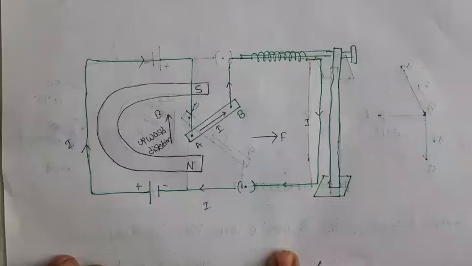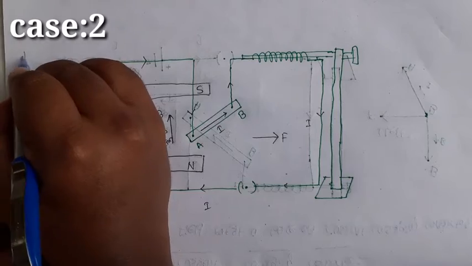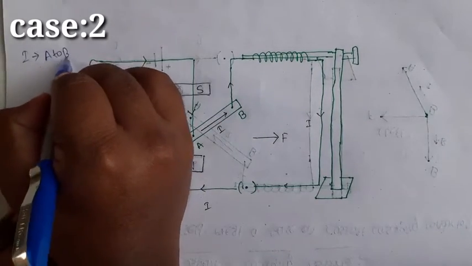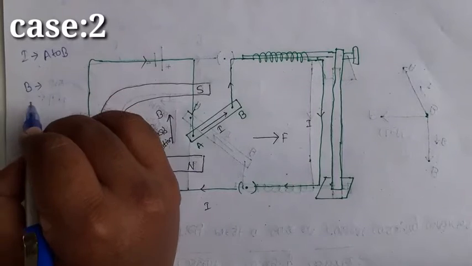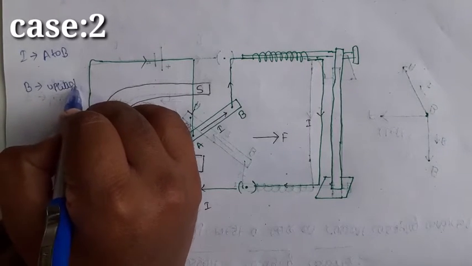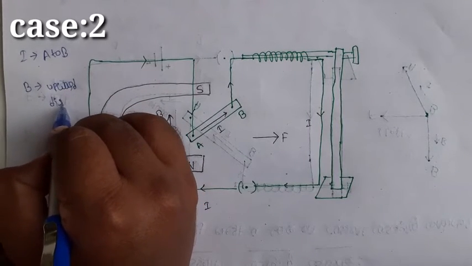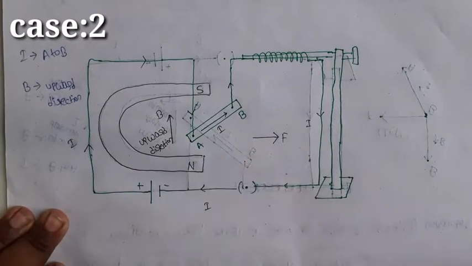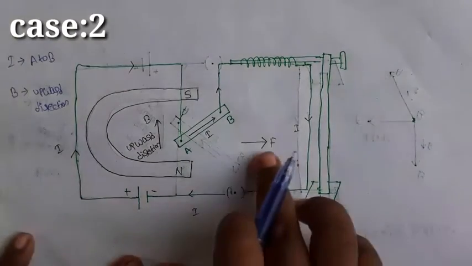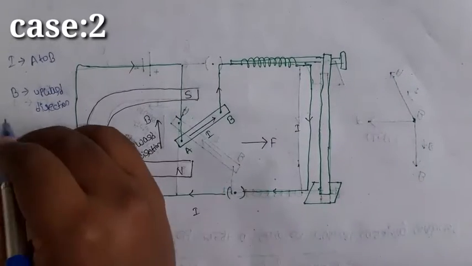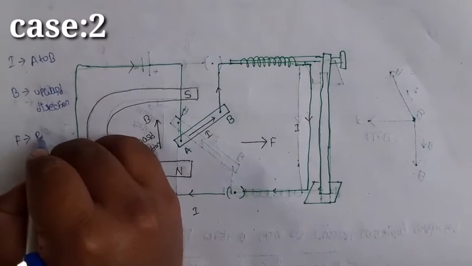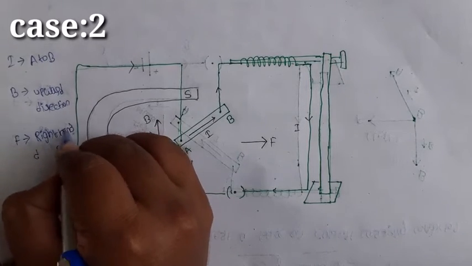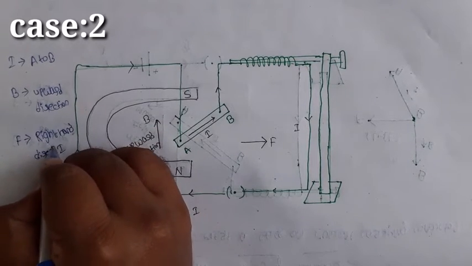Okay. Now the current is A to B, the magnetic field is in the upward direction, then the force is acting towards the right side, the right hand direction.